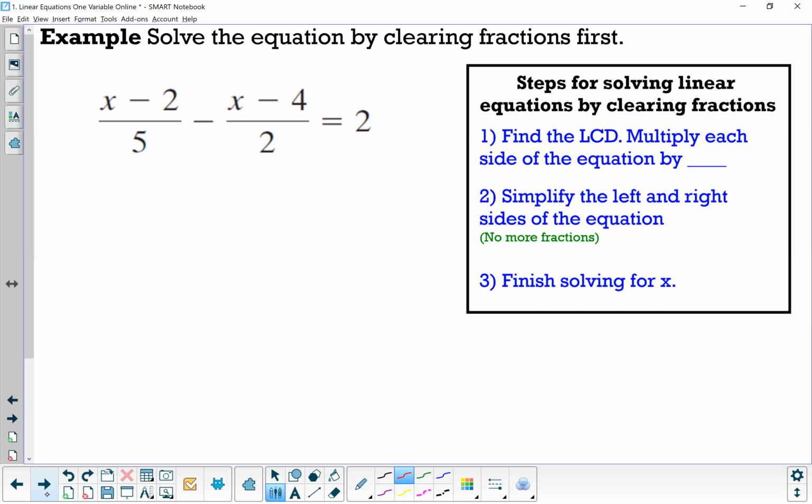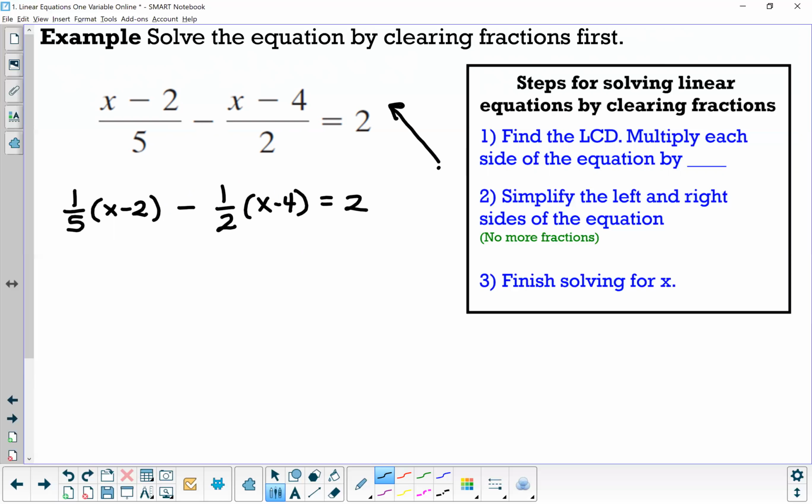Okay, if I wanted to, I could rewrite this problem differently. I could rewrite it so that I have a fraction out front, which will be 1/5, and then multiply in parentheses x minus 2, and then minus, bring a fraction out front, which will be 1/2, and then multiply in parentheses x minus 4 equals 2.